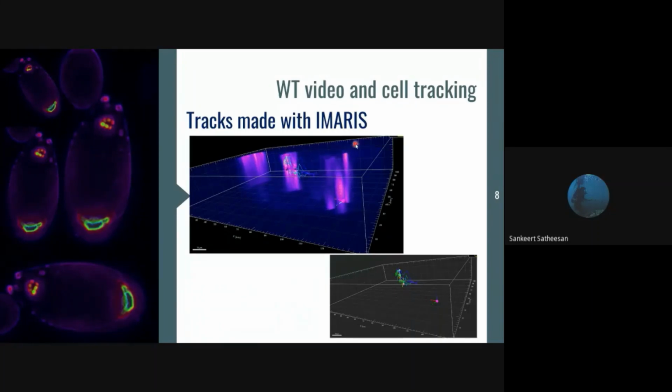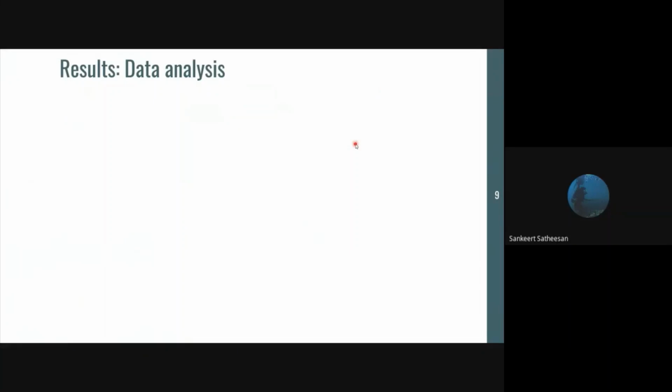The software gives me the position and velocity information about these 5 or 6 cells, however many it detects. Using those data, we tried to analyze what we saw.